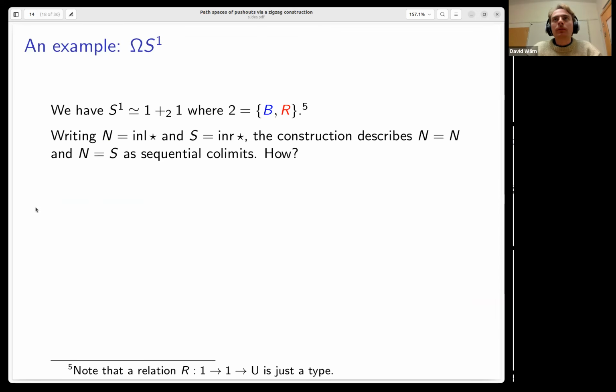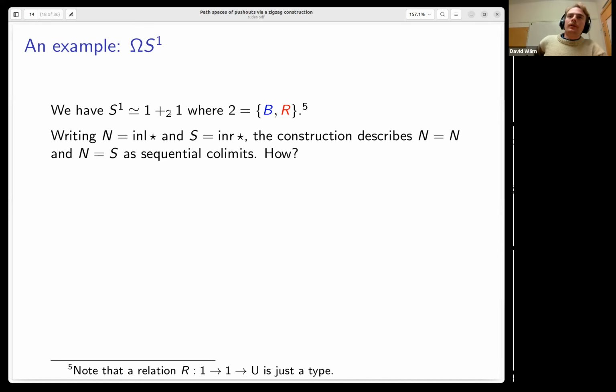Yeah, and I want to show an example, which is the first interesting pushout you can look at. We're looking at the loop space of the circle, which we know to be Z. And I'm going to try to explain how this construction describes Z, the integers.